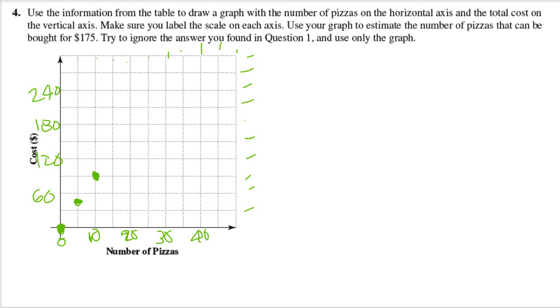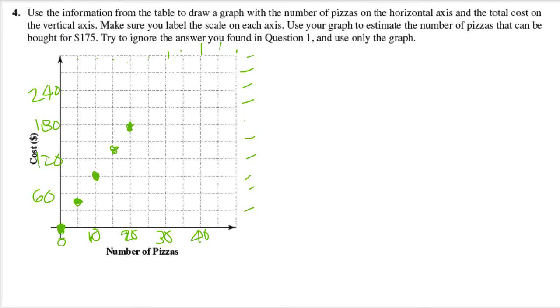15 pizzas, let's see, 20 pizzas was 180. 15 pizzas was 90 plus 45, or 135. 135 is 15 more than 120. It's 15 less than 150.